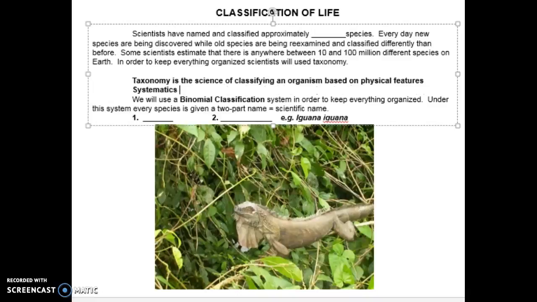Molecular information, DNA analysis, is changing this. We may start doing more taxonomy and classification based on genetic analysis, where we simply examine the DNA code, and that's how we organize and classify things. Once you've classified it, we have to figure out how it connects, and that's systematics. Systematics is the science of determining the evolutionary relationship between species.